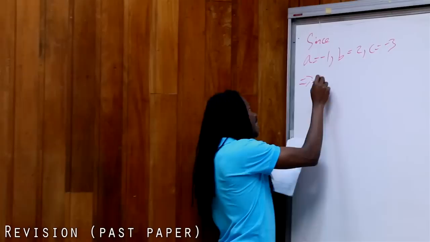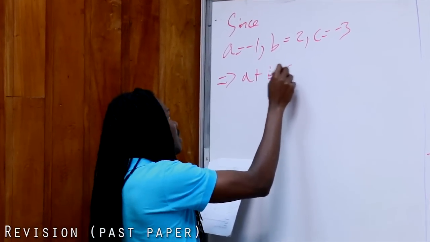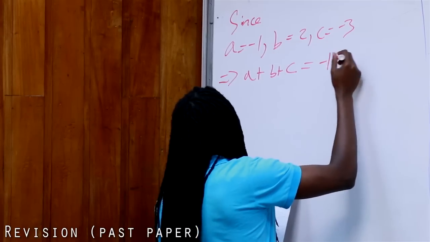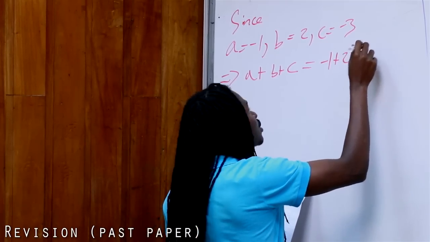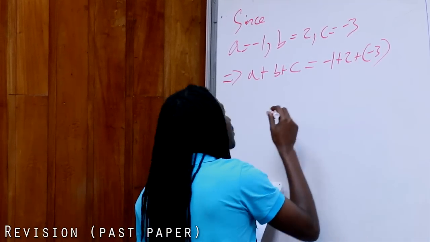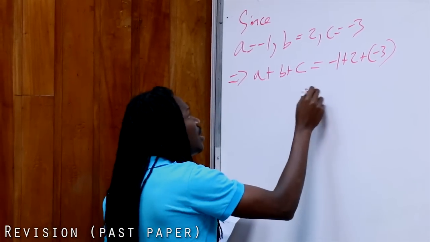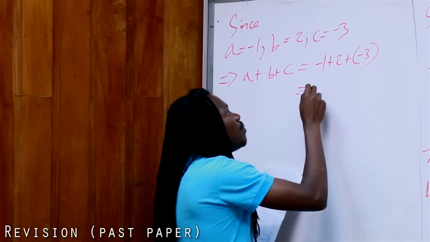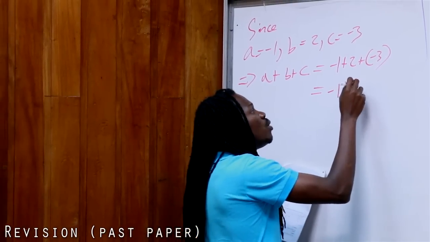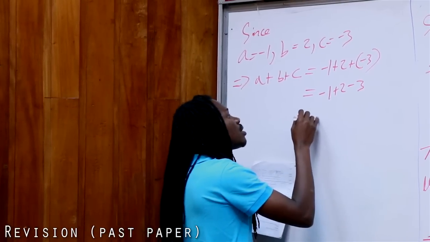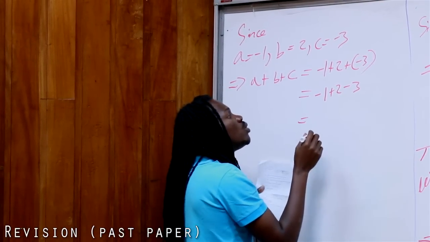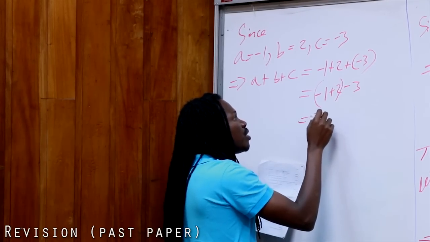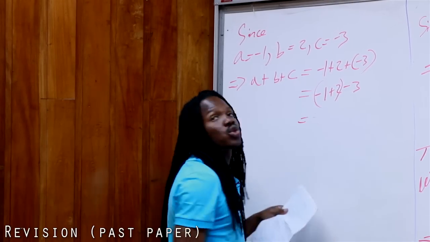It implies that A plus B plus C equals minus 1 plus 2 plus minus 3, equal to minus 1 plus 2 minus 3.